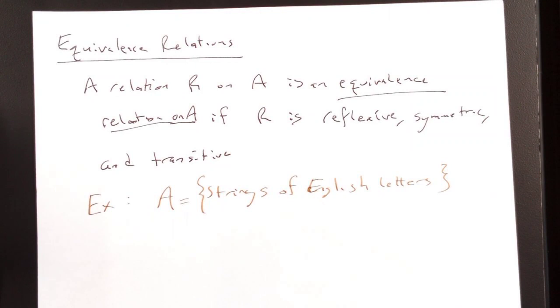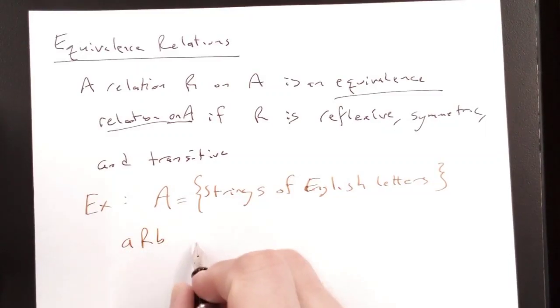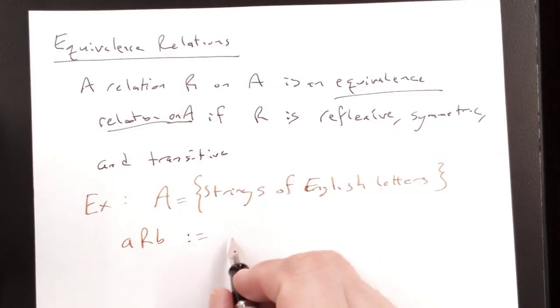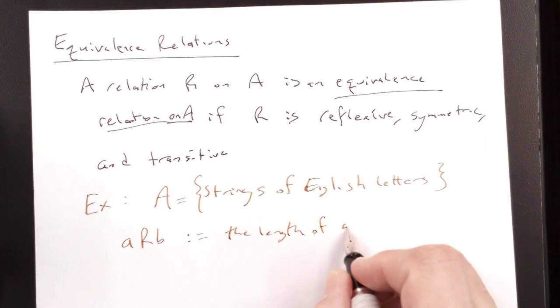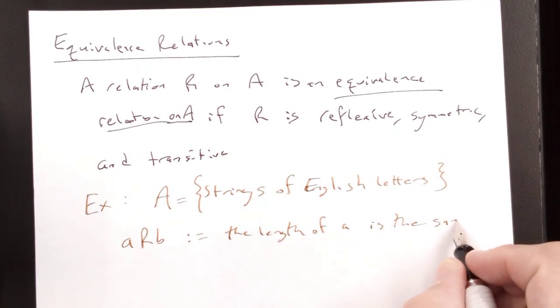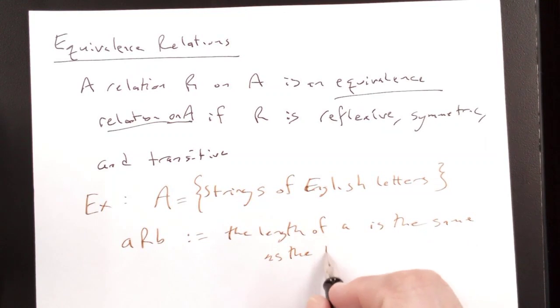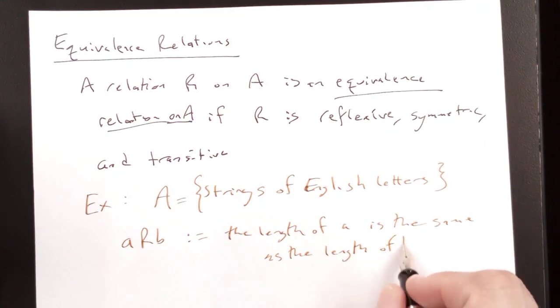Whether it makes a real word in English or not is irrelevant. I don't care about case at the moment. Uppercase, lowercase, we're just going to assume they're all the same. Two words, two strings of English letters, are related if the length of the first word is the same as the length of the second.